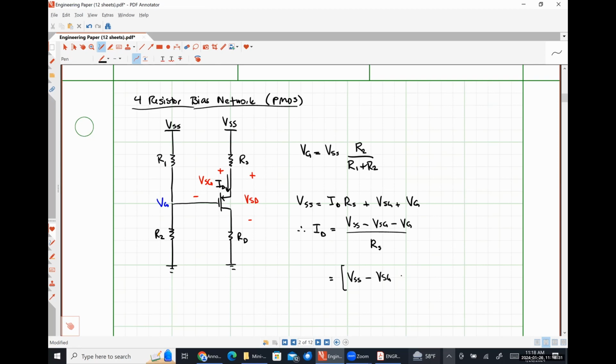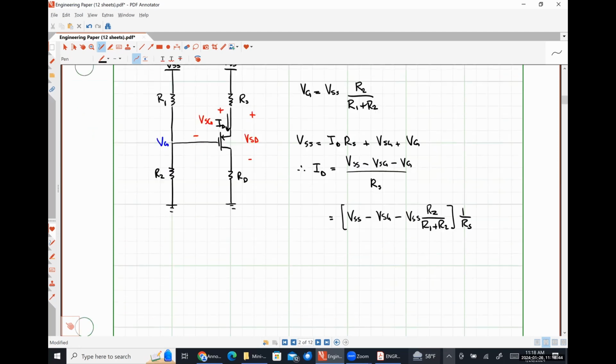But VG can be expressed in terms of VSS, right? So this will be VSS times R2 over R1 plus R2. And then all of this is multiplied by 1 over RS.